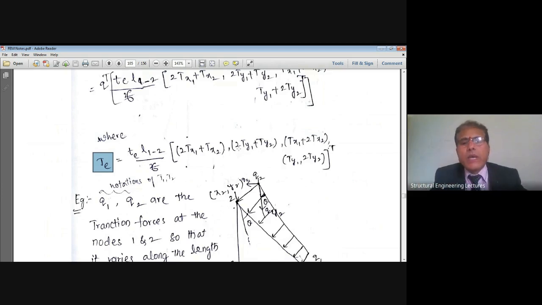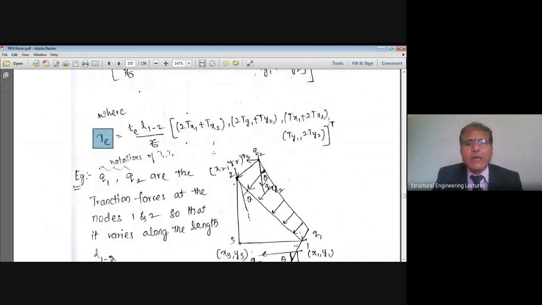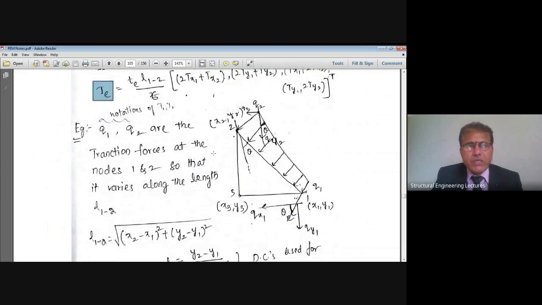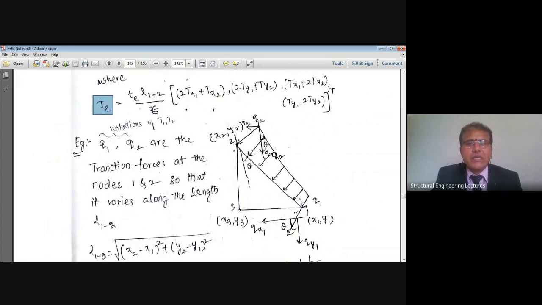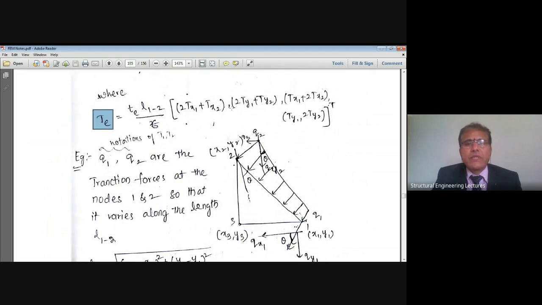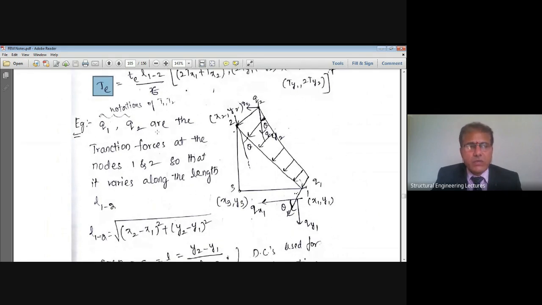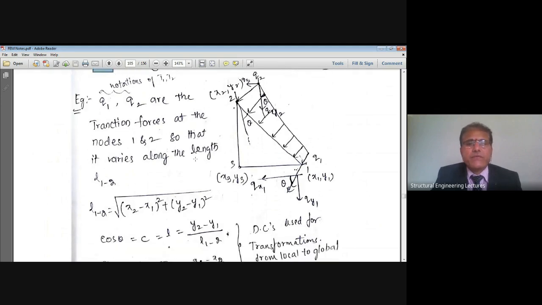These are what are called the equivalent loads due to the applied UDL or traction forces.